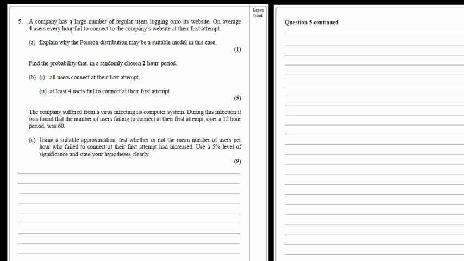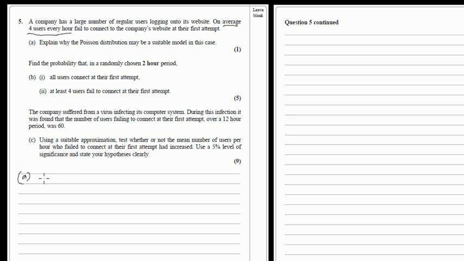A company has a large number of regular users logging onto its website. On average, every hour 4 users fail to connect to the company's website at their first attempt. That means on average, so this is Poisson. Question number A. Explain why the Poisson distribution may be a suitable model in this context. That means properties of the Poisson distribution.